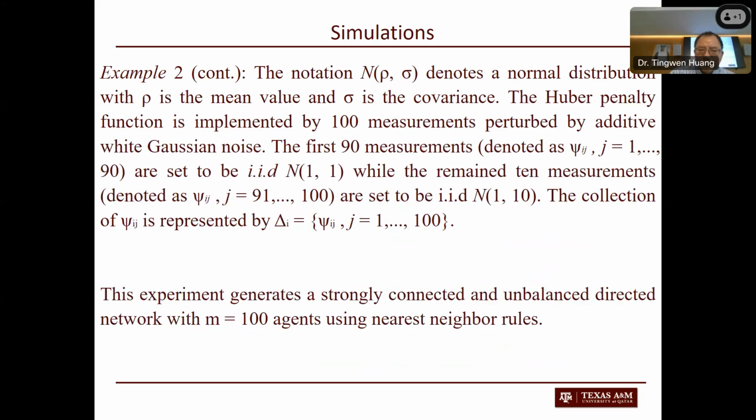The Huber penalty function is implemented by 100 measurements perturbed by additive noise.